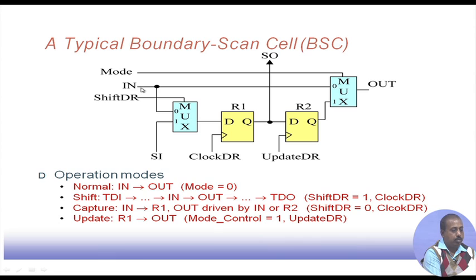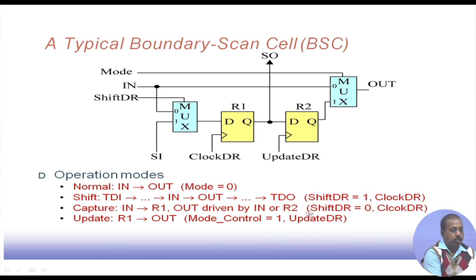If this bit is say 1, then the bit will be coming from this shift input. If the bit is 0, then the input will be coming from the circuit functional input in. This value is getting transferred with clock DR. So, shift DR equal to 1 and clock DR equal to 1 will put the serial input SI into this register R1.